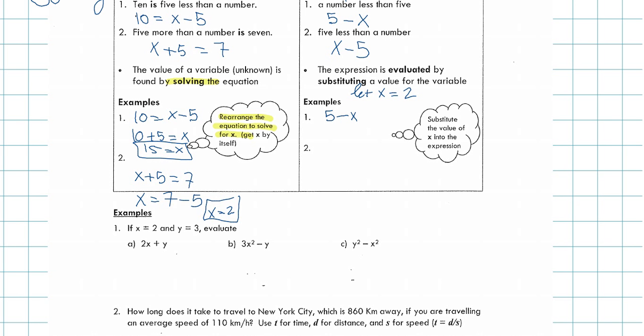So all you have to do is substitute x with a 2, and that's going to be equal to 3. And if I want to evaluate the second expression, x minus 5, I'm evaluating if x equals 2, so 2 minus 5, that equals negative 3.